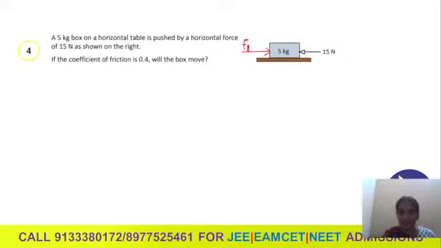Limiting friction develops this way. If the block moves or accelerates, then the applied force of 15 newtons must be greater than the limiting friction. So let us find the limiting friction here.